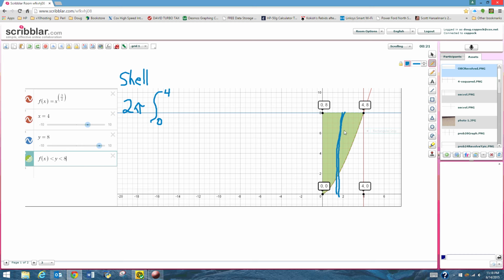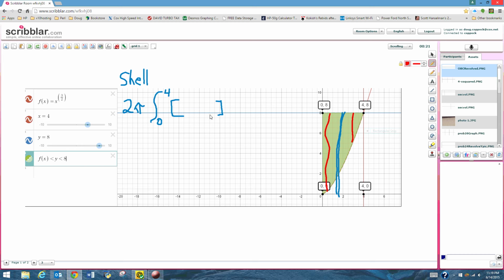And what does the shell method do? Well, the first part is the height of the shell. And in red, that's this distance right here, or this distance right here. That's the height of the shell. That's what's going to go in here.